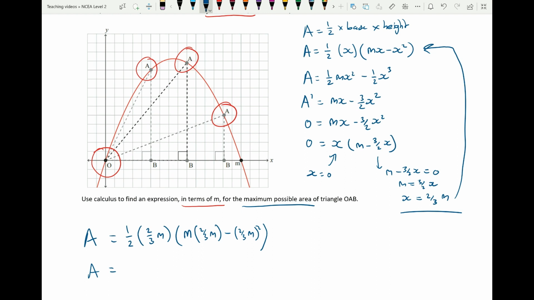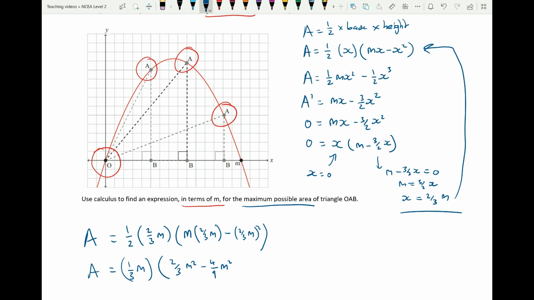So, got quite a bit going on there, so let's try and simplify it down. So half of 2/3 is 1/3, so that'll be 1/3 m. I'll just put all that in brackets. m times 2/3 m will be 2/3 m squared. And then minus 4 over 9 m squared.